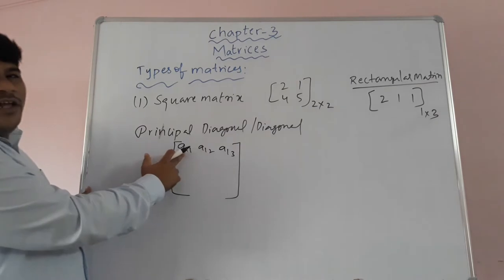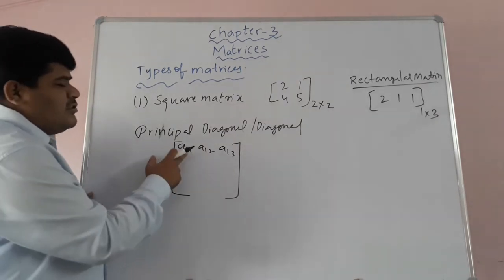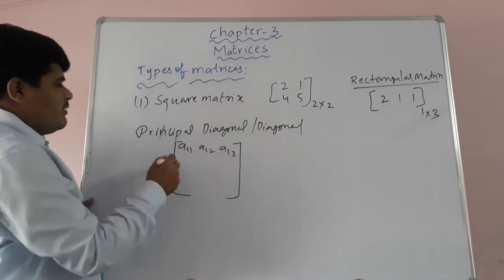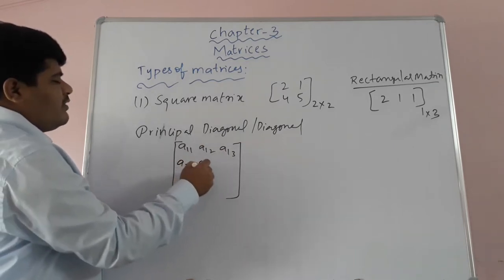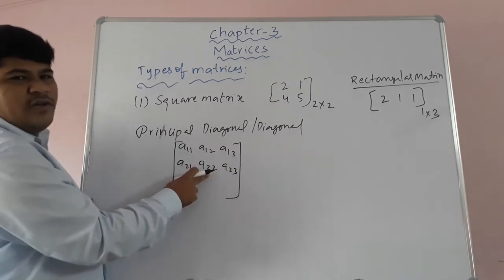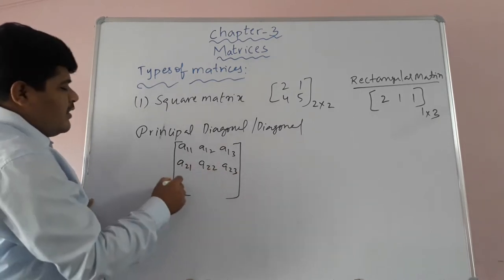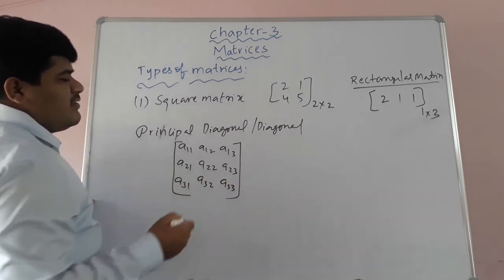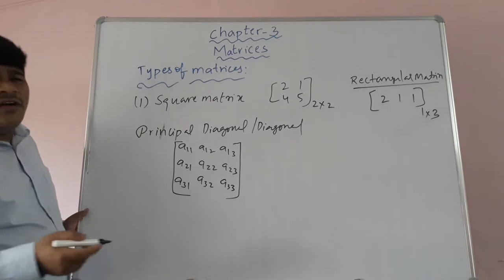Here the first row, first column, first row second column, first row third column. Next A21, A22, A23: second row first column, second row second column, second row third column. A31, A32, A33. So children, this is a square matrix of order 3 by 3.